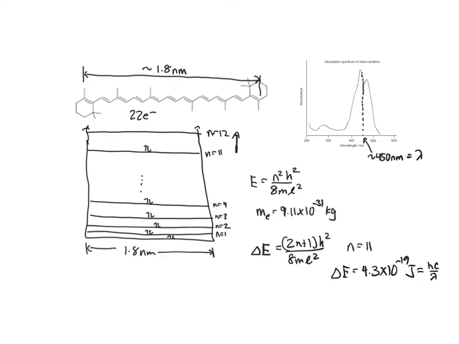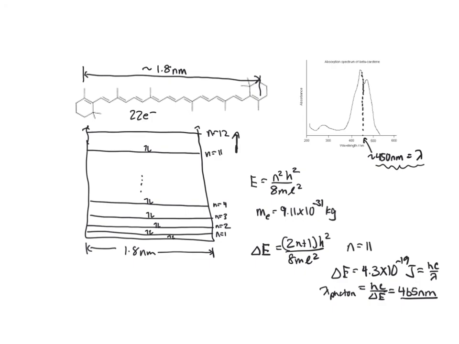If I want to know the wavelength of the photon with the right amount of energy to make that transition, I can solve for lambda, and it's hc divided by delta E. And when I do that, I get a wavelength of 465 nanometers, which is right where I expect the peak of the visible spectrum to be for beta carotene.